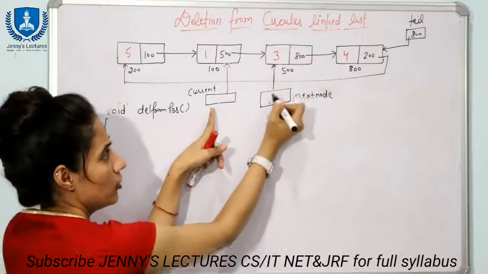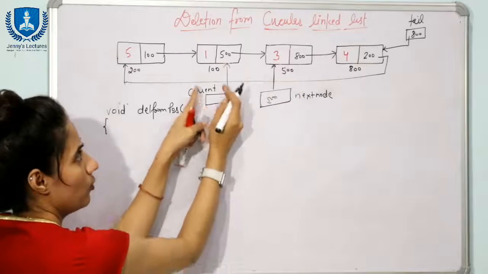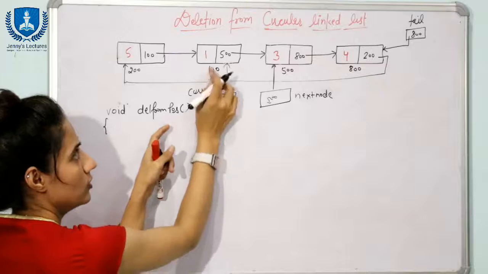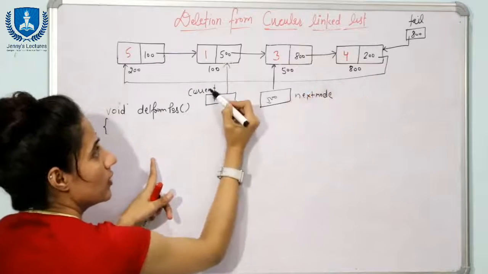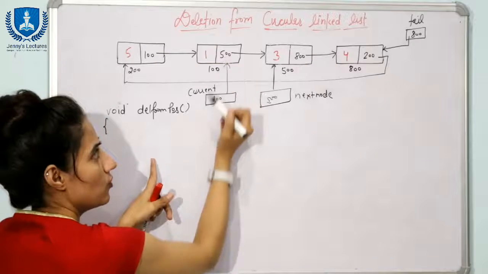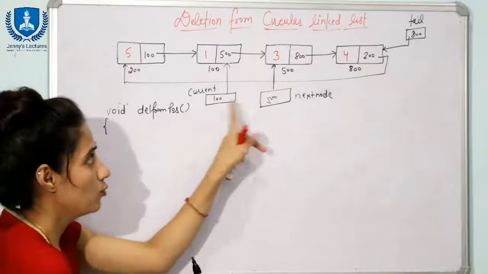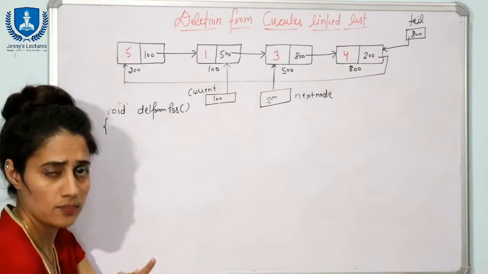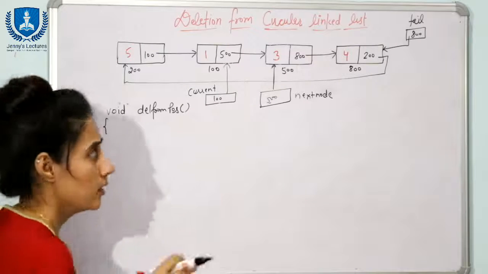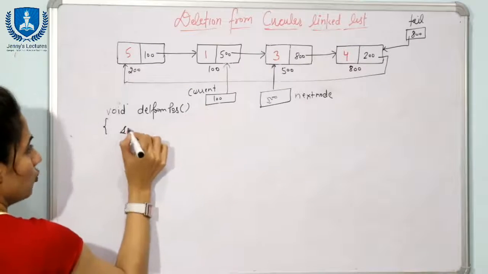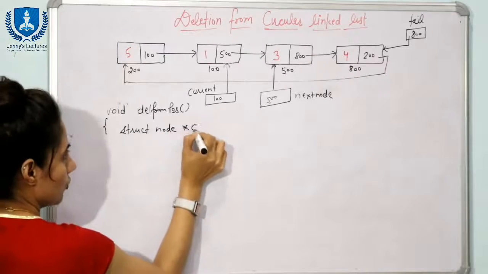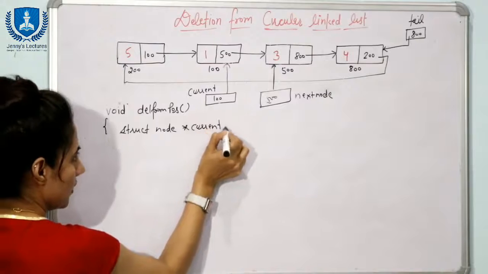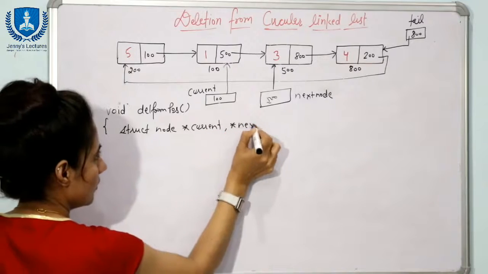See, in the next node we need to store 500, and we have a pointer to this node already. We have traversed the list till here. So what you can write is next node equal to current of next. In current next we have 500, right? So now we have 2 pointers, and now you can update the links, right? So for this also we will take 2 pointers, that is current and next node. The name you can take as per your convenience, right?